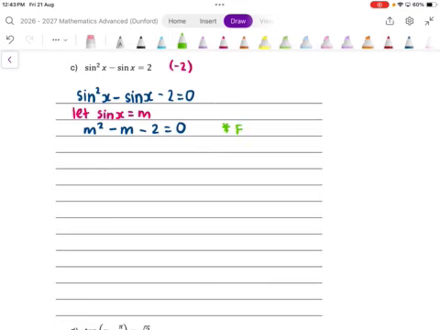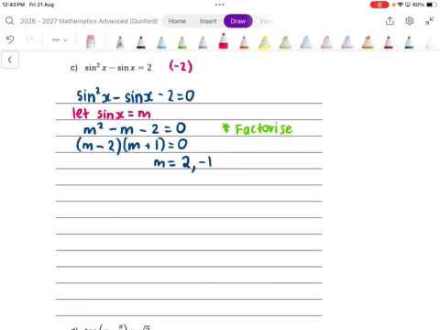Now, what we want to do is we want to factorize this. So, our factors of minus 2 that add to give minus 1 are going to be negative 2 and positive 1. So, we'll have m minus 2 times m plus 1. So, therefore, we get that m equals positive 2 and negative 1.